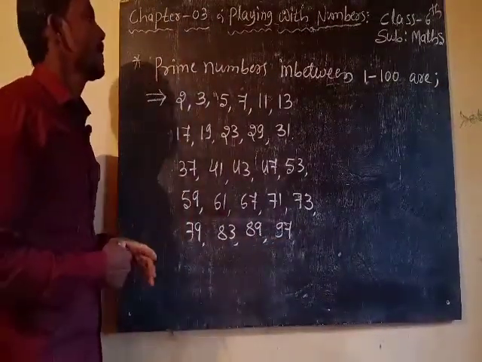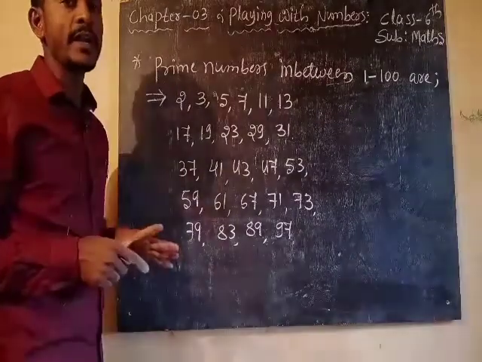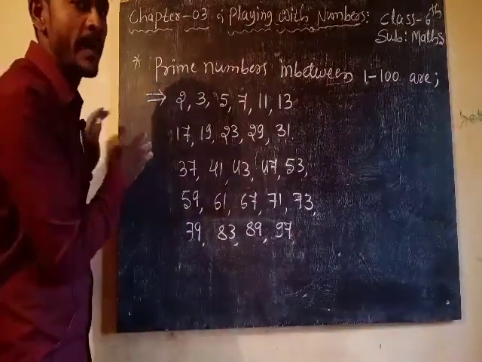So between 1 to 100, there are totally 25 prime numbers.